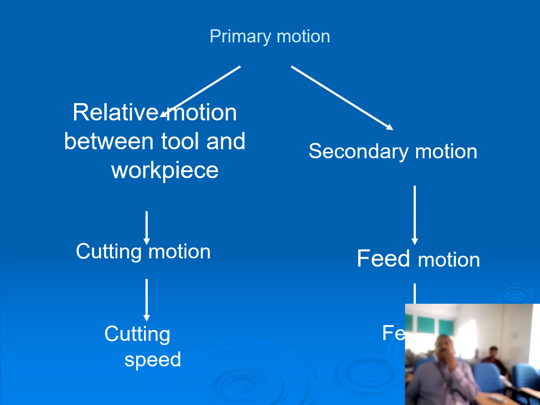The primary motion is the relative motion between tool and workpiece, which gives the cutting motion and cutting speed. The secondary motion gives the feed motion and feed rate.